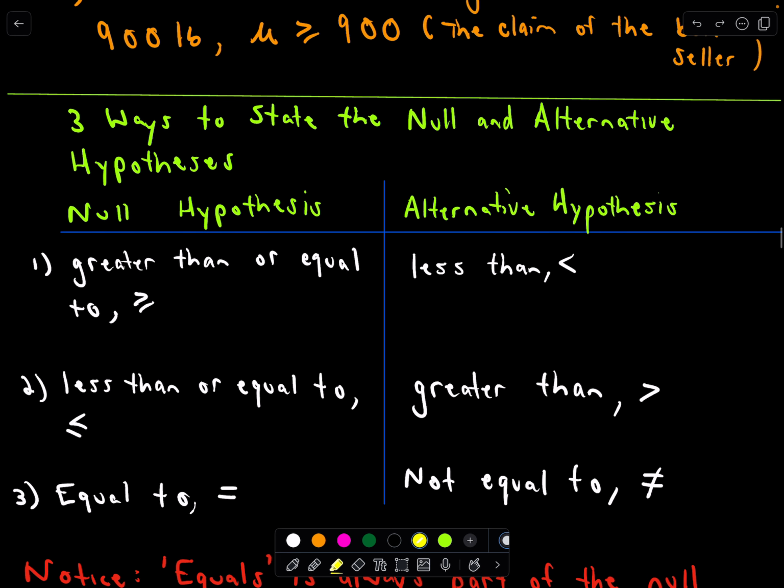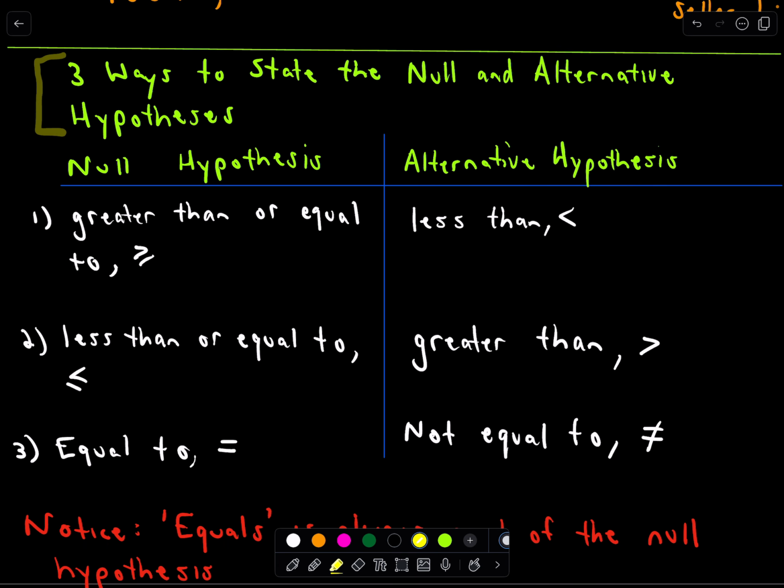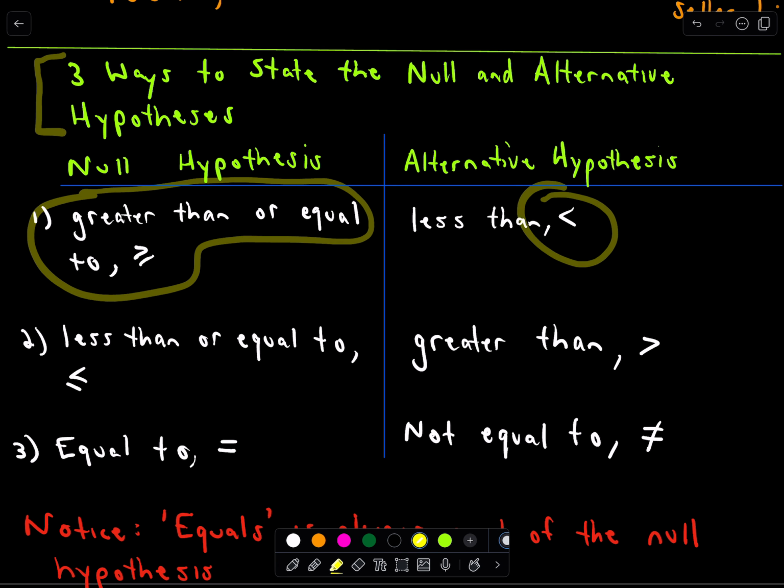Now, there's a few different ways to state this null and alternative hypothesis. So for our null hypothesis, we could look at our mean and think about that being greater than or equal to some value. If we want our parameter to be greater than or equal to some value, the alternative hypothesis would have to be, well, if it's not greater than or equal to, it would have to be less than.